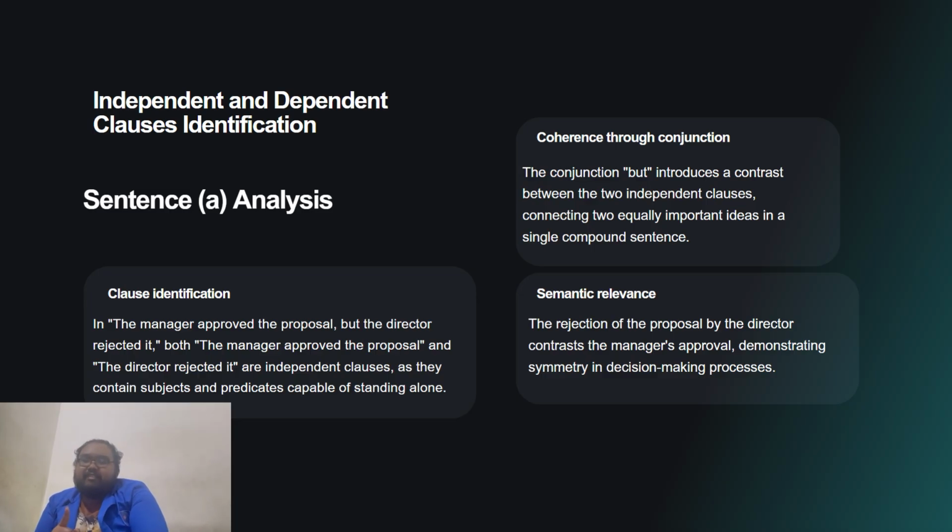Coherence through conjunction: the conjunction "but" introduces a contrast between the two independent clauses, connecting two equally important ideas in a single compound sentence. Semantic relevance: the rejection of the proposal by the director contrasts with the manager's approval, demonstrating symmetry in the decision-making process.